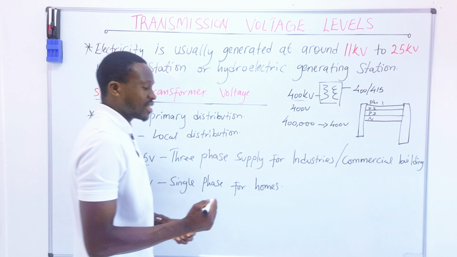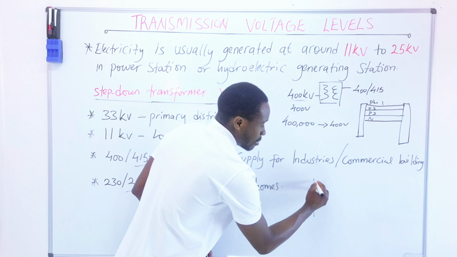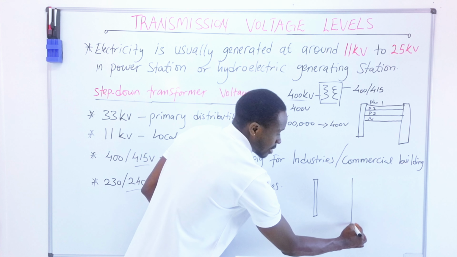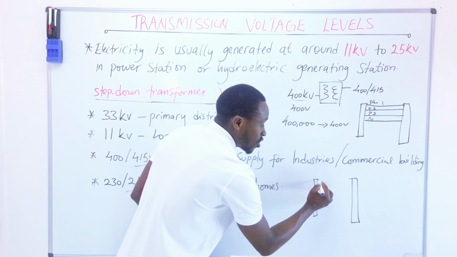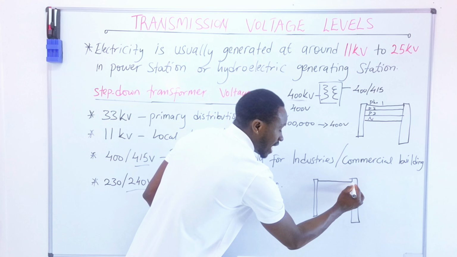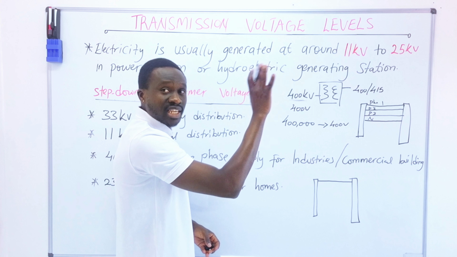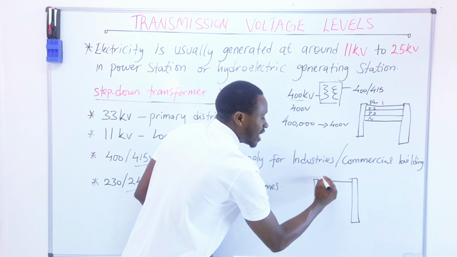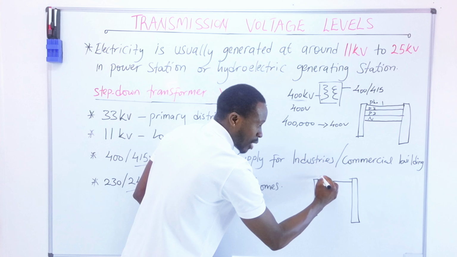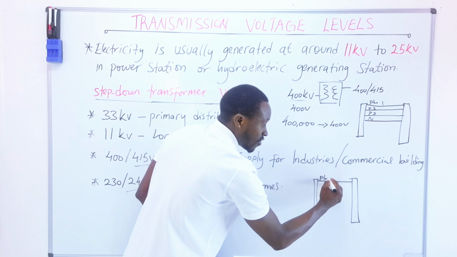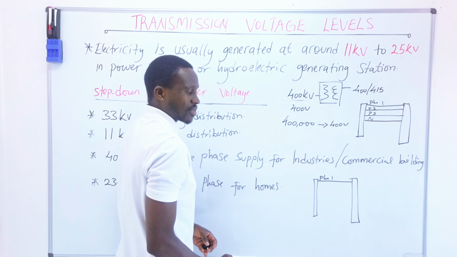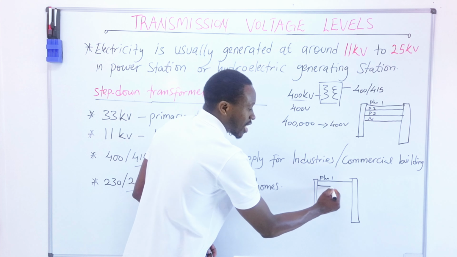Single phase, we mean this is the pole and this is the pole. In single phase, the poles you see overhead outside our houses, there is a cable, a wire which is having power, which is live, which I'll call phase 1. Then there is another wire which is neutral.